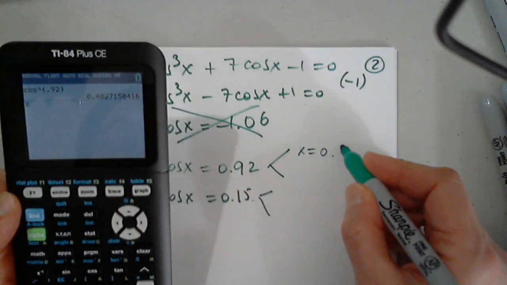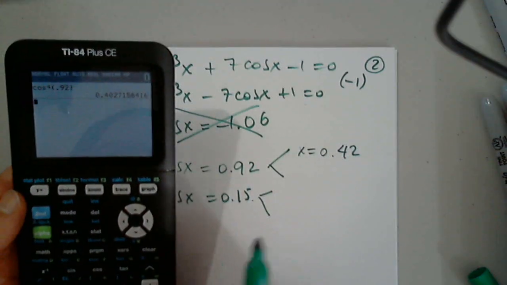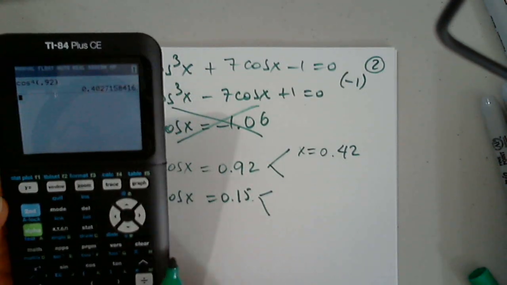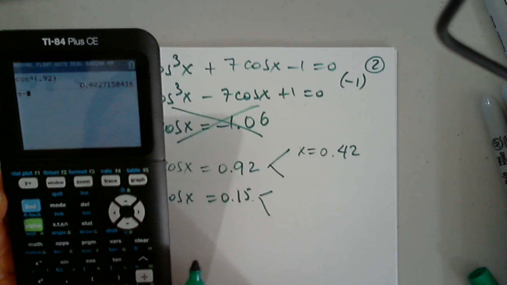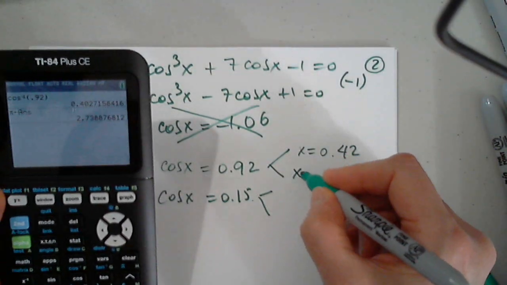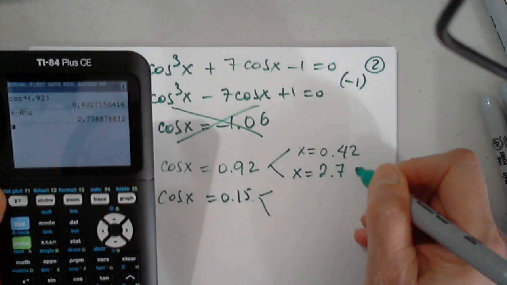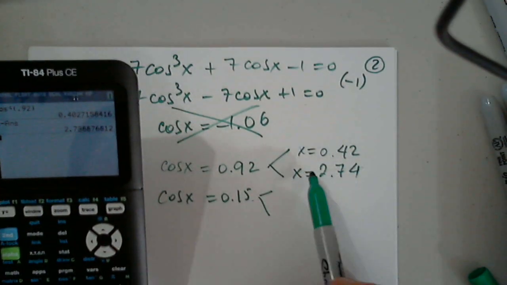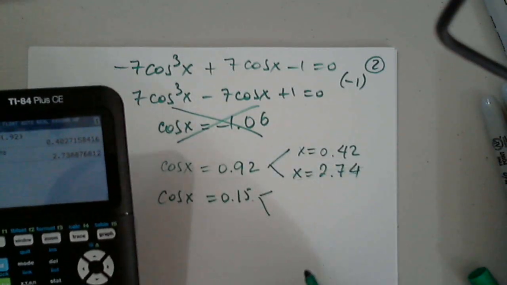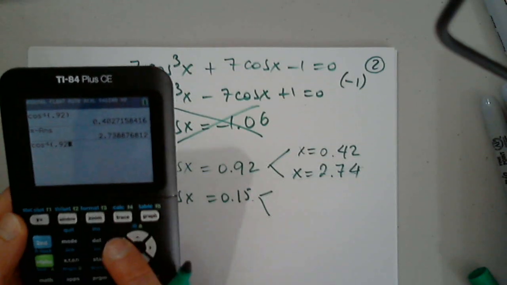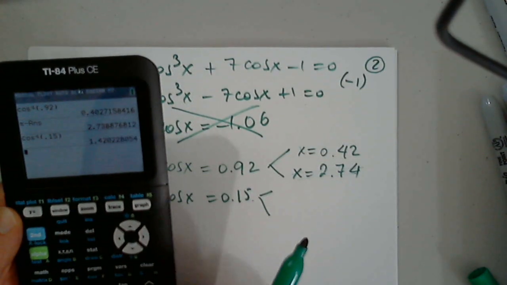So 0.42 radians, of course. Now pi minus this is the other solution. X equals 2.74. But 2.74 is not between negative pi over 2 and pi over 2. Okay, now the other one, with 0.15.